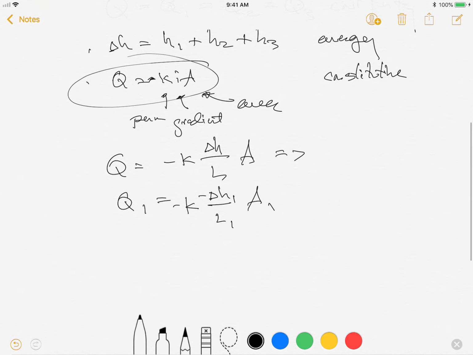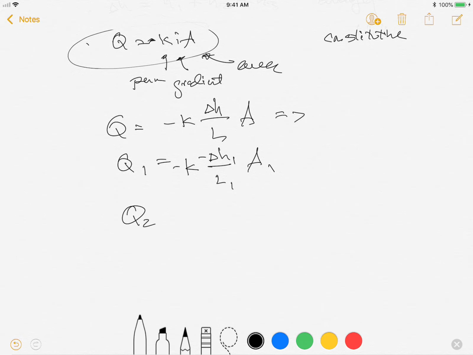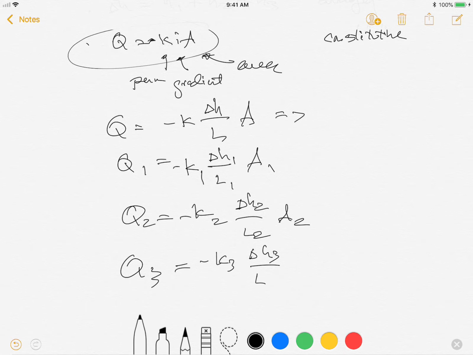Then Q2 is equal to negative K2 times delta H2 divided by L2 multiplied by A2, and then Q3 is equal to negative K3 times delta H3 divided by L3 multiplied by A3.